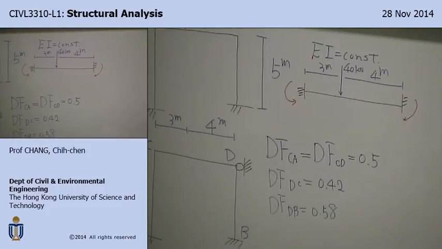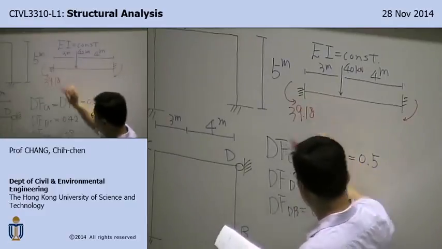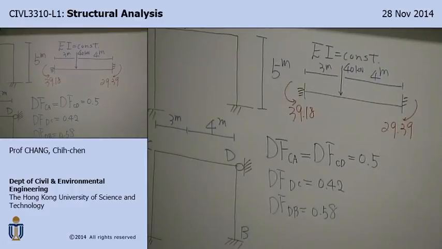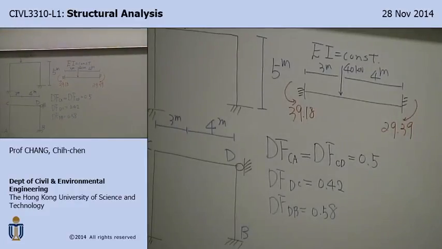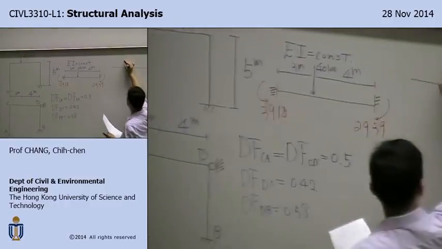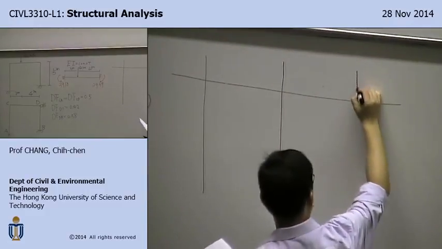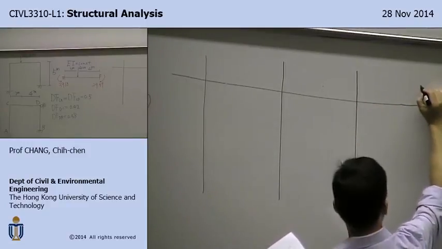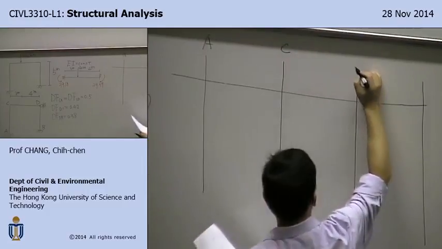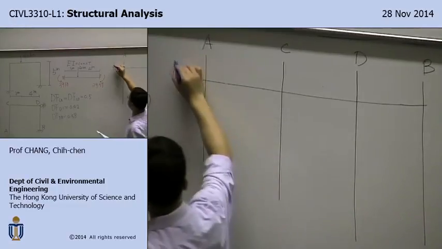All right, so you should have fixed end moment. And the fixed end moment is 39.18, and this is 29.39. All right, so then you can directly set up to calculate the moment distributions. So this is A, C, D, and B. First is distribution factor.